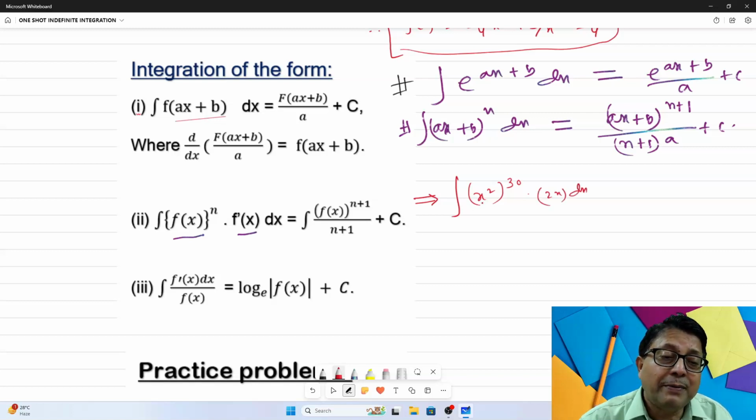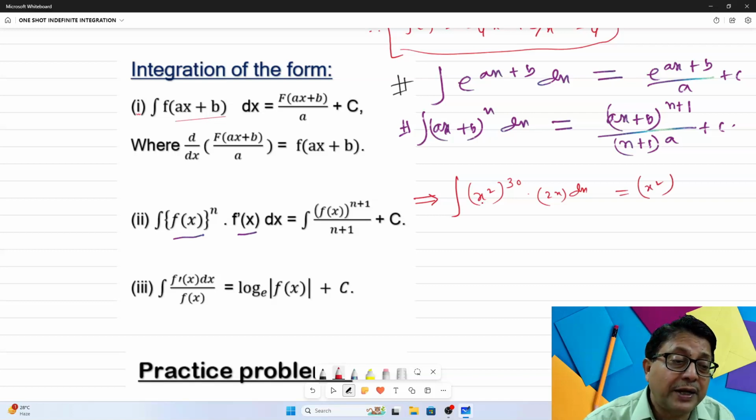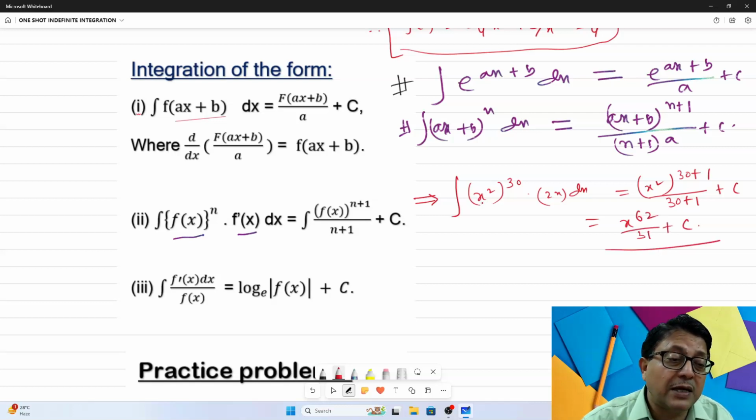So the derivative of x square is given over there. This answer you can write x squared to the power 30 plus 1 by 30 plus 1 plus c. So there will be x to the power 62 by 31 plus c. This is the concept.